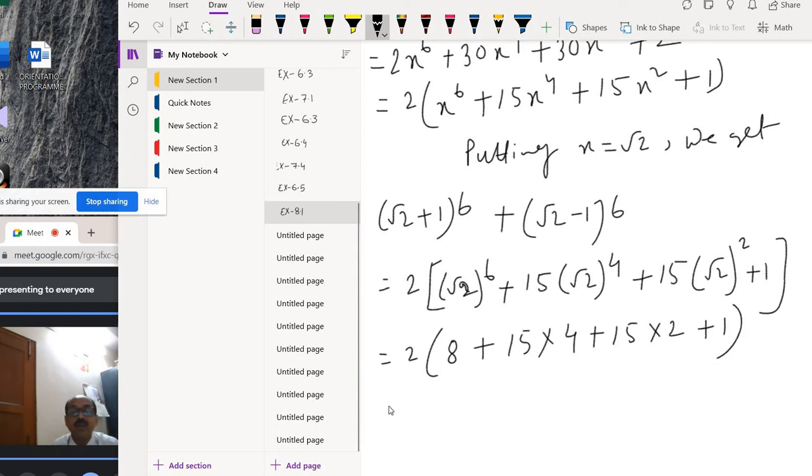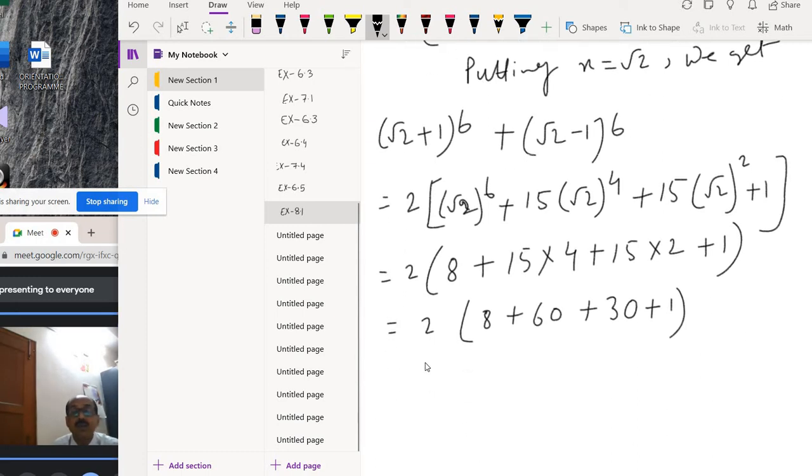Equal to 2 into 8 plus 60 plus 30 plus 1, which is 2 into 99. So 2 into 99 is 198. This is the second part answer.